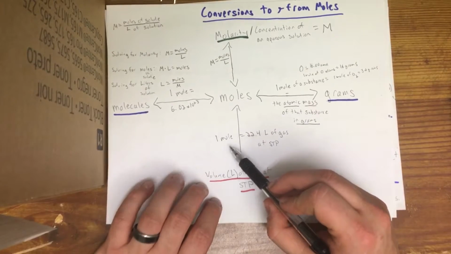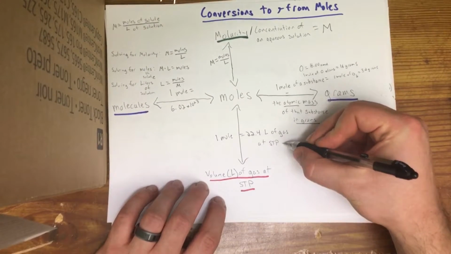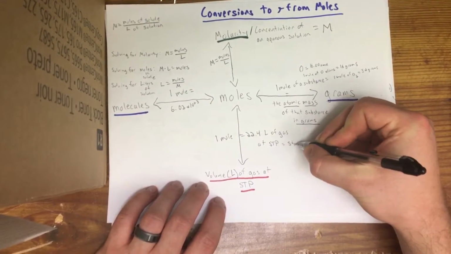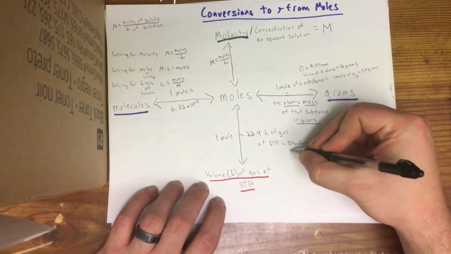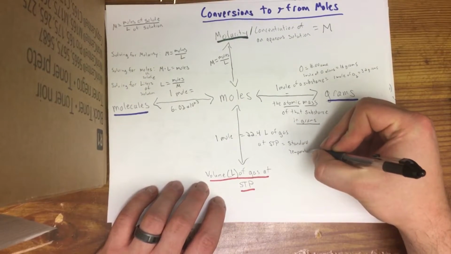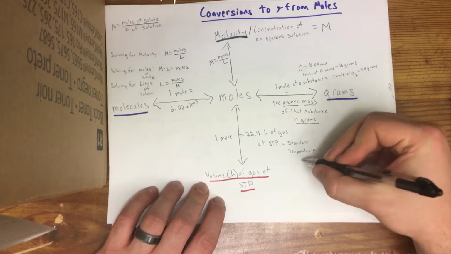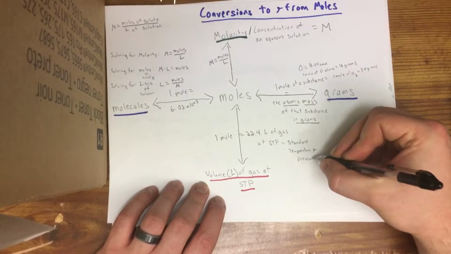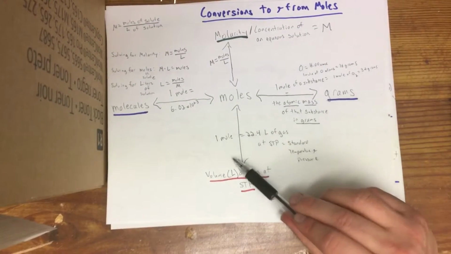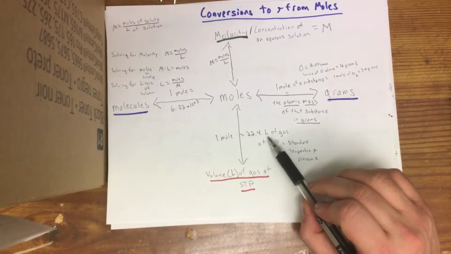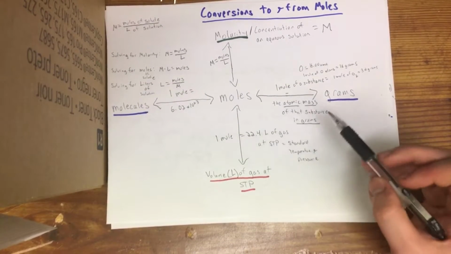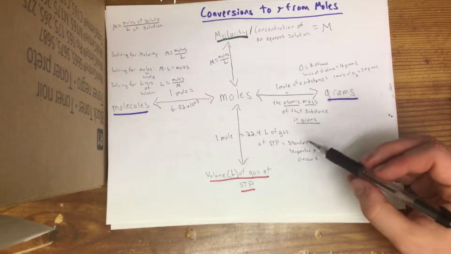So if you have a gas at STP, standard temperature and pressure, then 1 mole of that gas will take up 22.4 liters of space. That will be the same no matter what gas you're using.